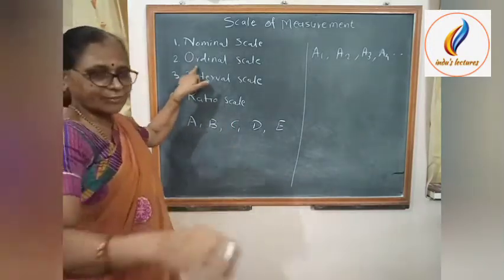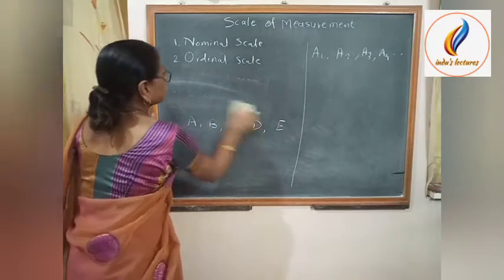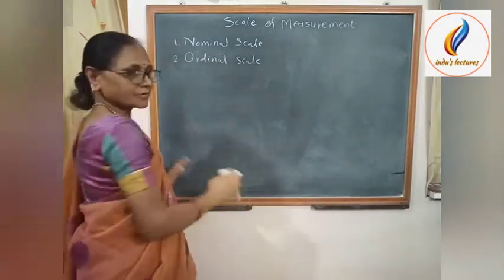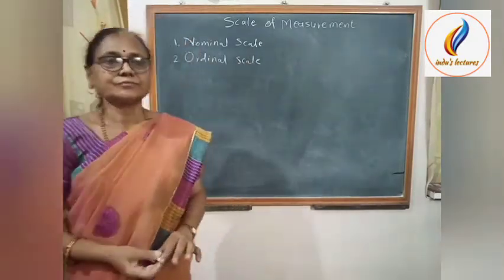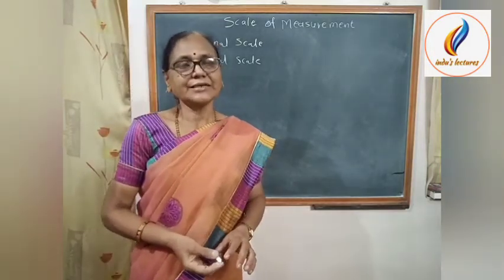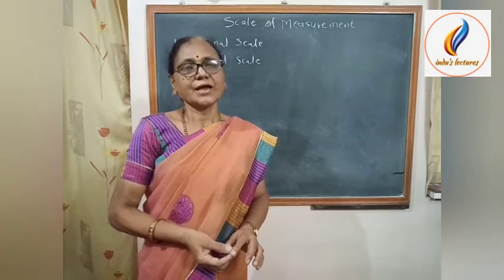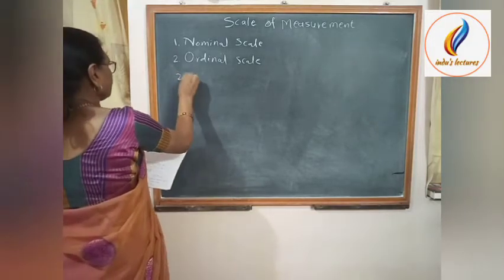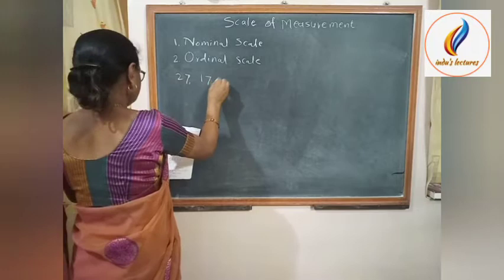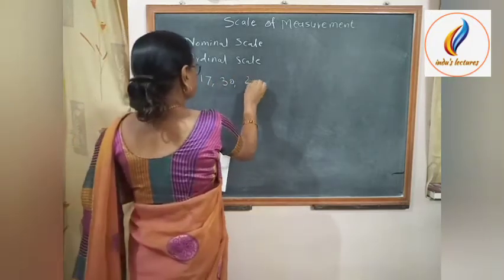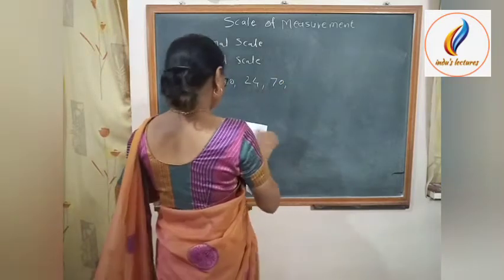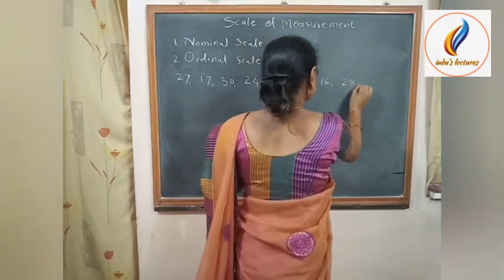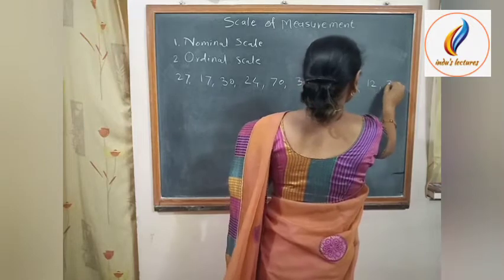Now the second scale of measurement is ordinal scale. Suppose an achievement test is administered to a group of students and these scores are obtained, say 27, 17, 30, 24, 70, 36, 16, 28, 12 and 30.